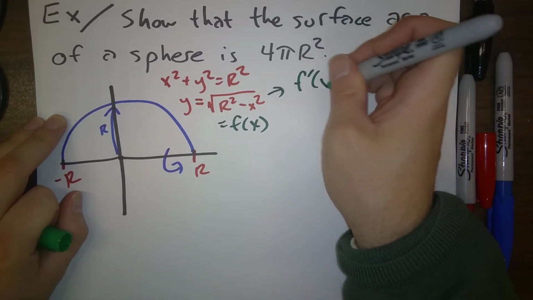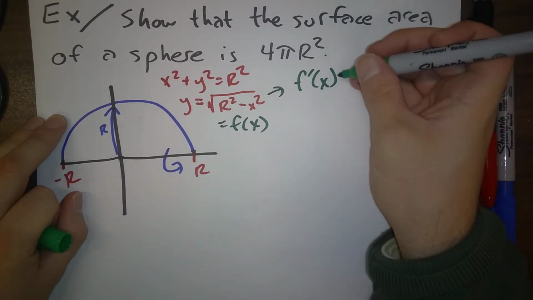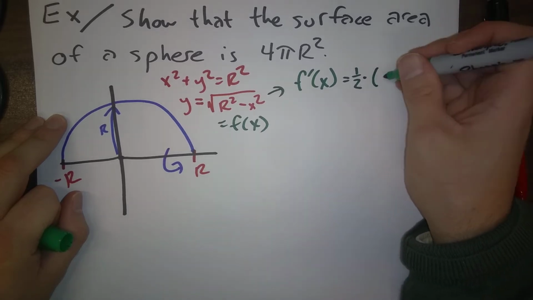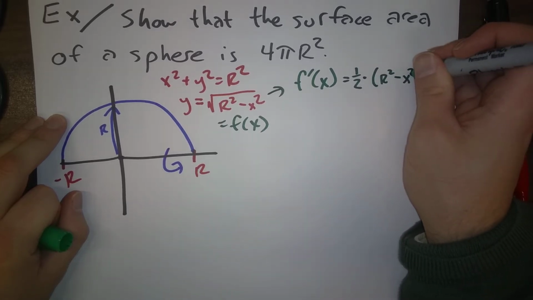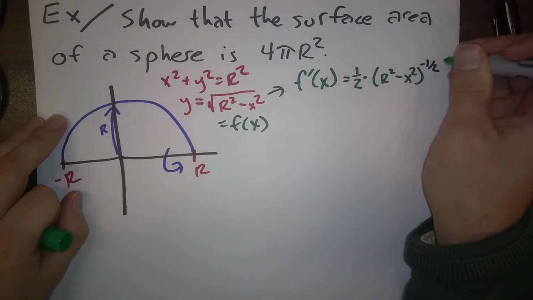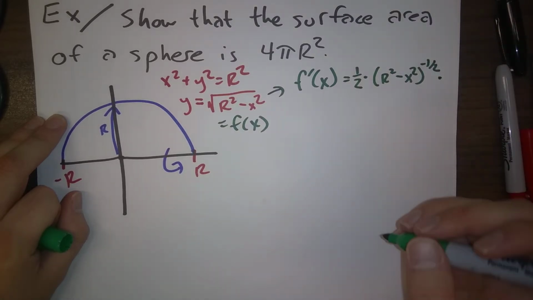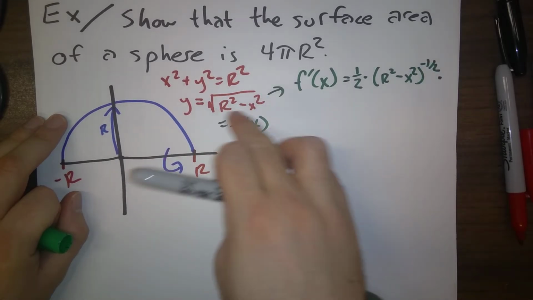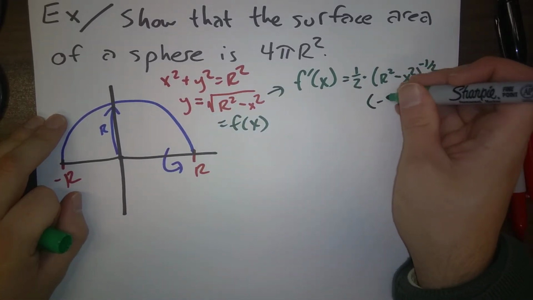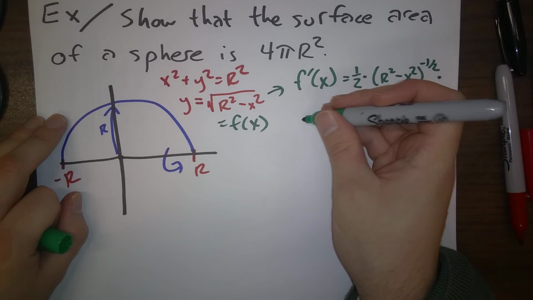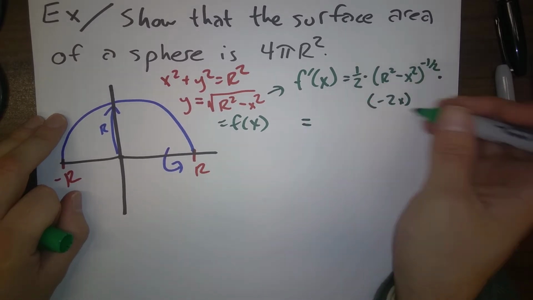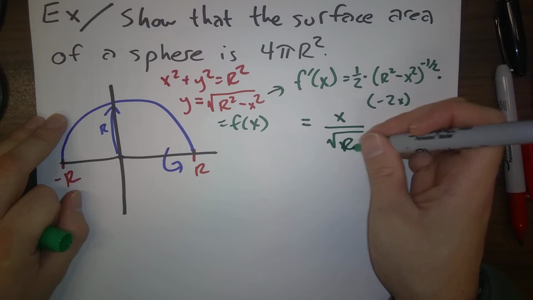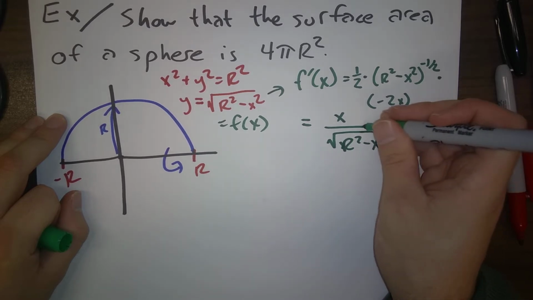So f prime of x is going to be 1/2 times r squared minus x squared to the minus 1/2 power. And then we're using a chain rule here, so we multiply by the derivative of what's on the inside, times minus 2x. So this simplifies down to x divided by the square root of r squared minus x squared.